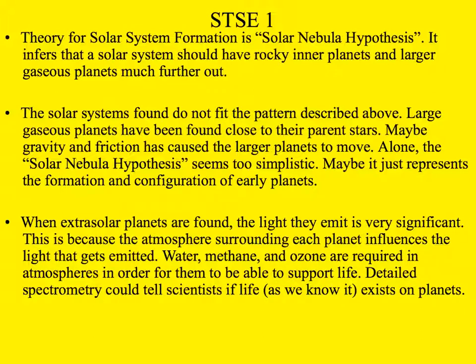We have found that some of the 1,500 solar systems do not fit the pattern described above. They've found some large gaseous planets that are really close to the parent stars. Maybe gravity and friction has caused the larger planets to move. We don't really know, but we're now thinking that the solar nebula hypothesis could be a little bit too simplistic.